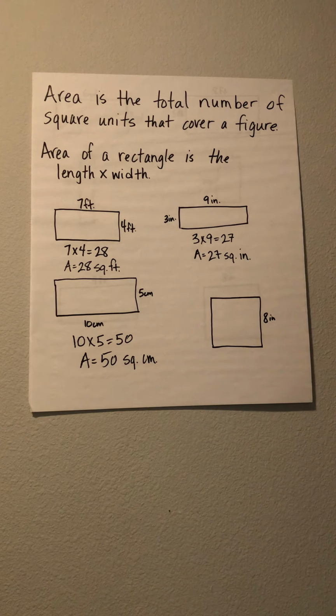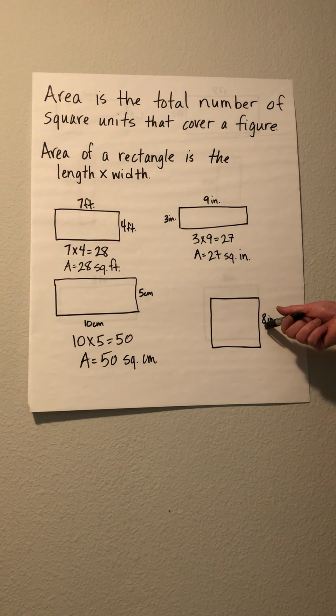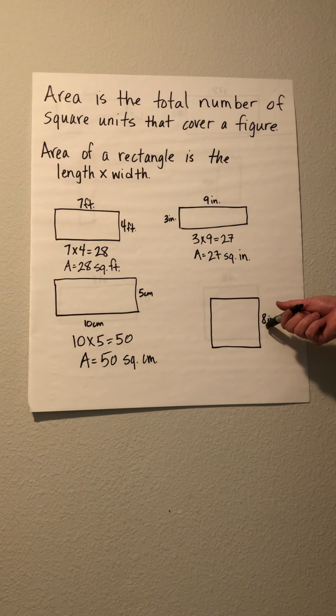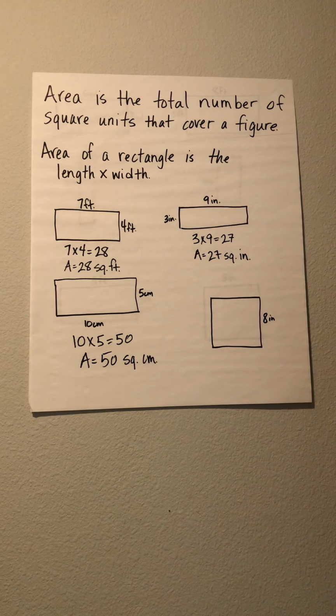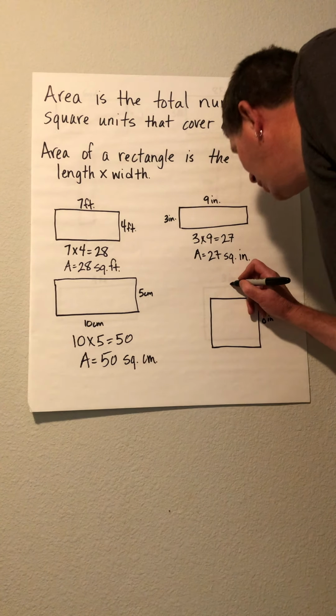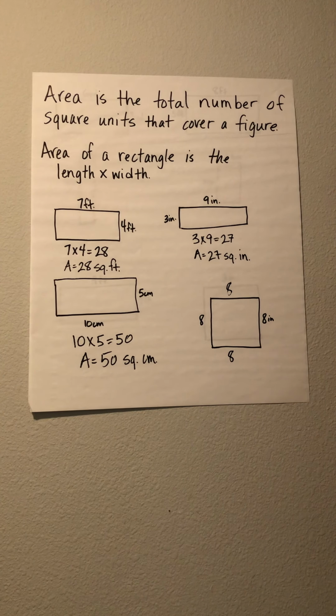Now, this last problem, before I have you do some work yourself. This last problem is a square. Frequently with squares, they will only give you one side. But since you know your rectangles, you know that this special rectangle called a square has all the sides the same, 8. So you are simply going to multiply 2 sides.